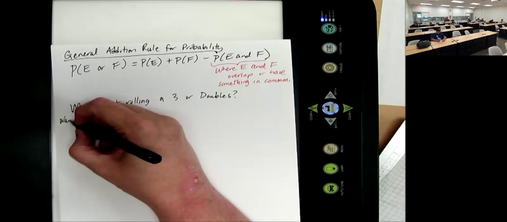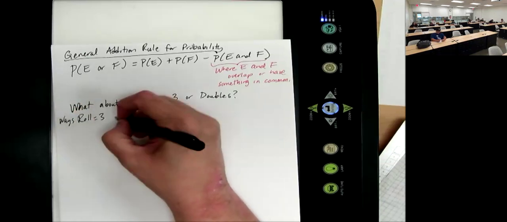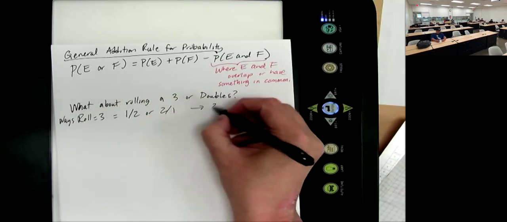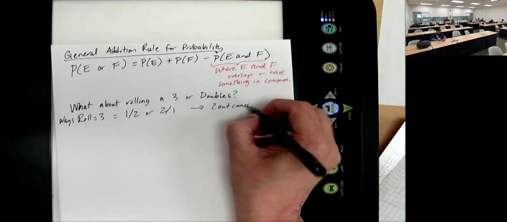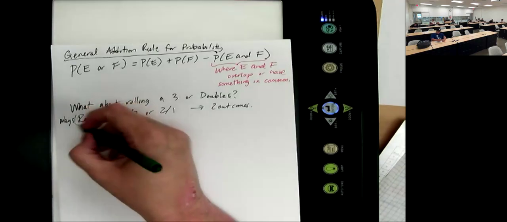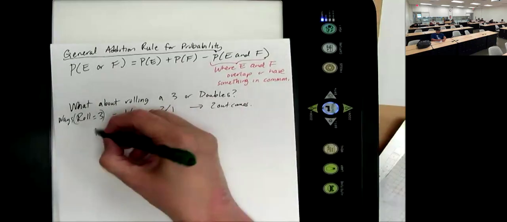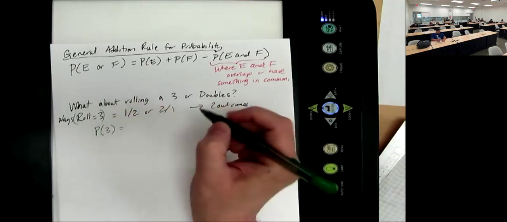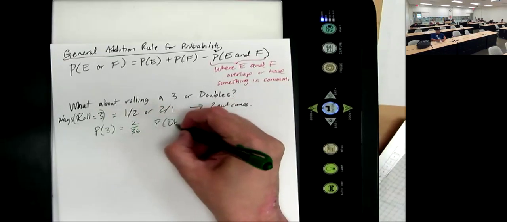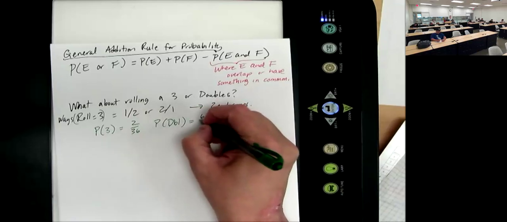So ways to roll a 3: we can have 1 and 2 or 2 and 1, so there's 2 outcomes. So the probability of a 3 is 2/36, and the probability of doubles is 6/36.